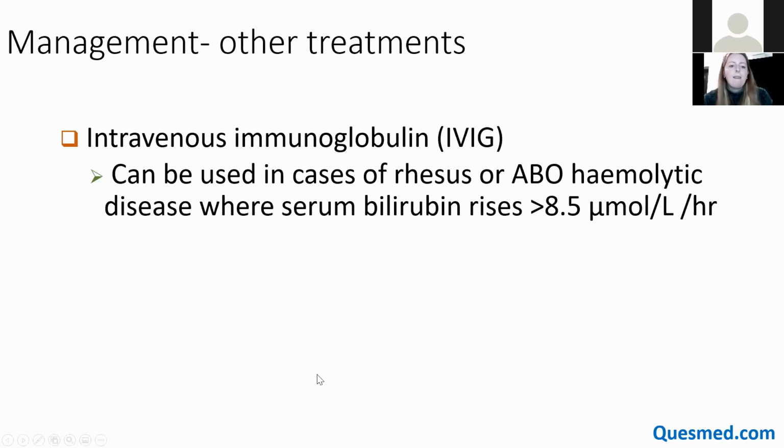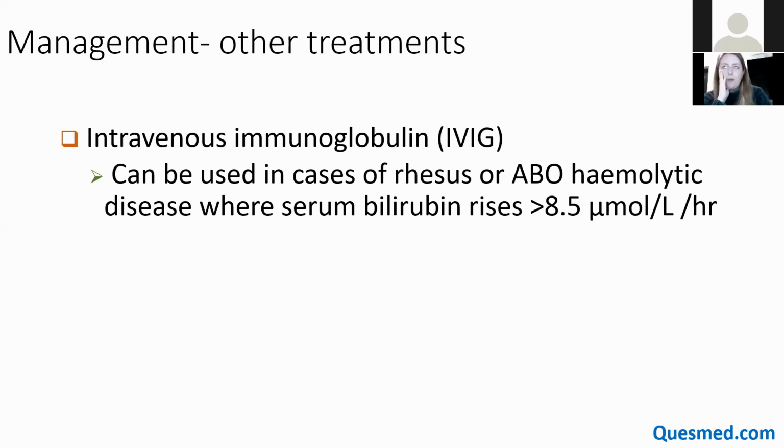Let me just reread your question to make sure I've properly answered. When do you give IgG? Is it after you've exhausted phototherapy and exchange transfusion? Essentially, you'd only give it in hemolytic disease where the bilirubin levels are rising rapidly.